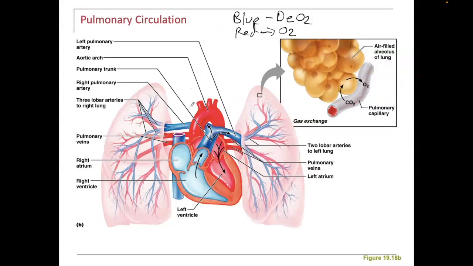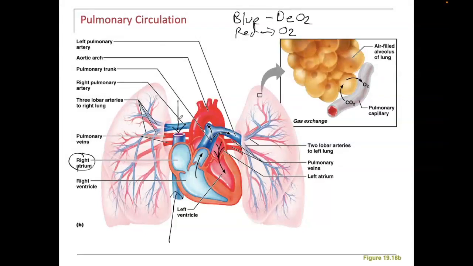Okay, so we have blood that has to find its way into this right atrium. And there are two main blood vessels that are going to do that. We see this one here on the top, and we see this one here on the bottom. The one on the top of the right atrium is going to bring blood from the entire upper extremity, meaning the head, the left arm and right arm.